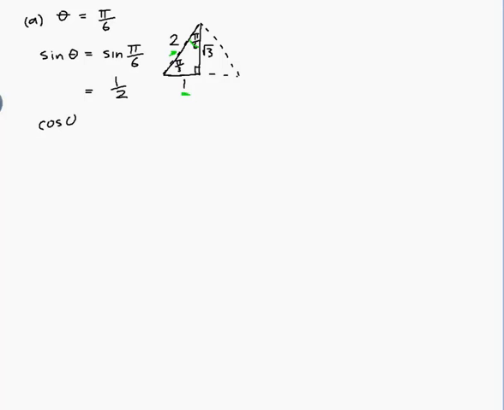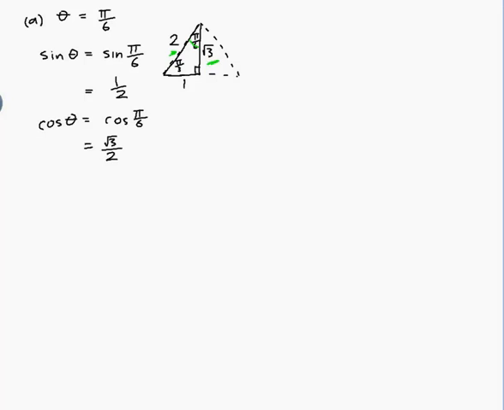Cos theta is cos of pi on 6, which is adjacent over hypotenuse, and this time the adjacent side is here. So cos of pi on 6 would be root 3 on 2.